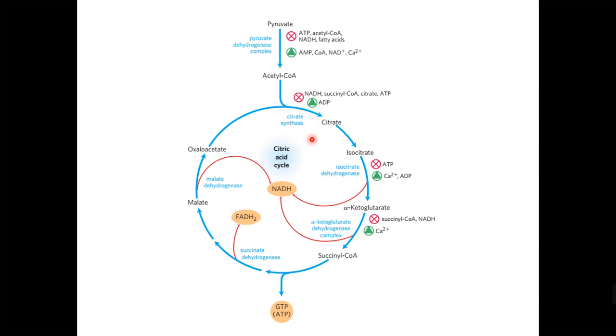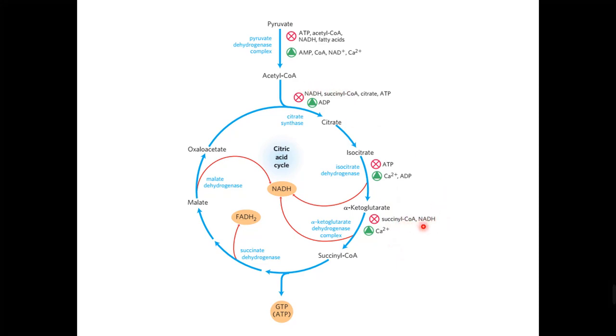The second regulated enzyme is isocitrate dehydrogenase. This enzyme is controlled by two factors, one is a positive modulator and one is a negative modulator. The negative modulators are ATP, the same, and ADP. Next is the alpha ketoglutarate dehydrogenase complex. The positive modulator is Ca2 plus, and the negative modulators are succinyl CoA and NADH, the same as for the first one.